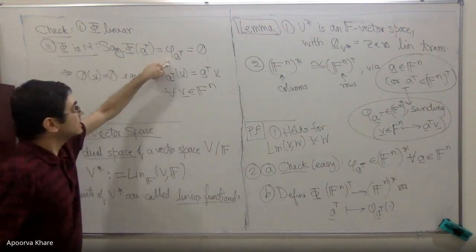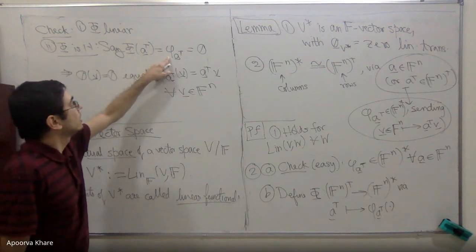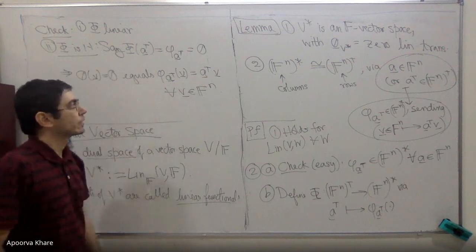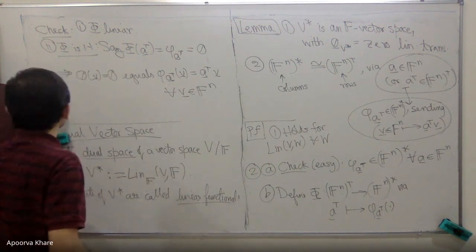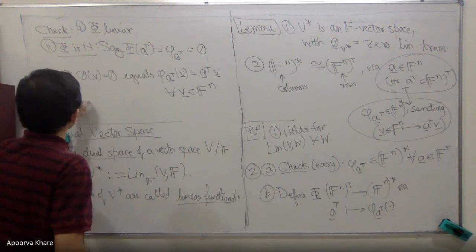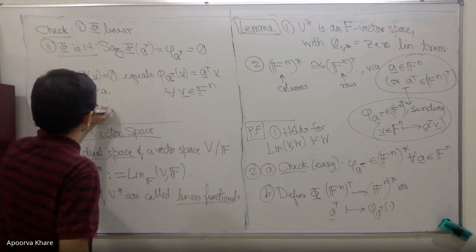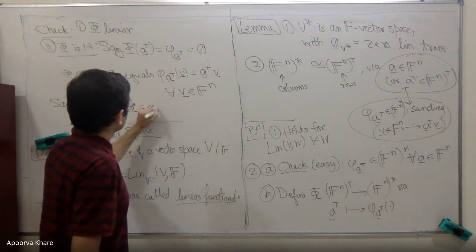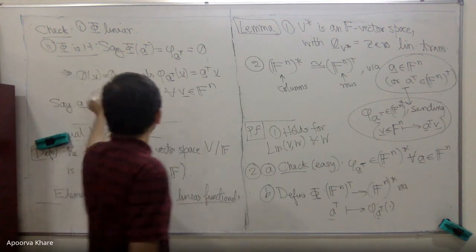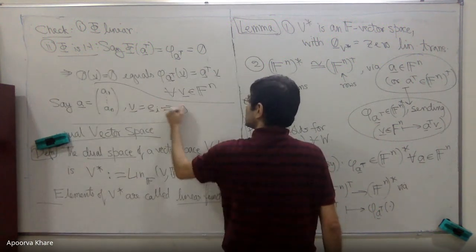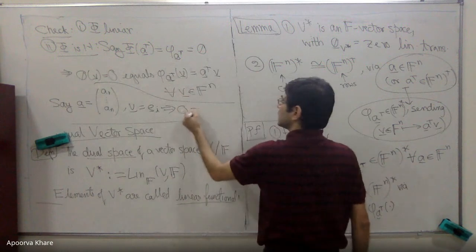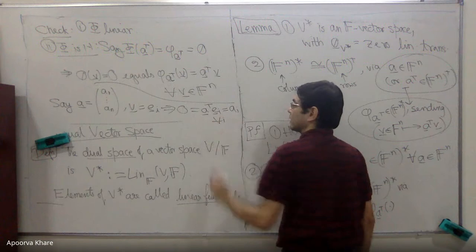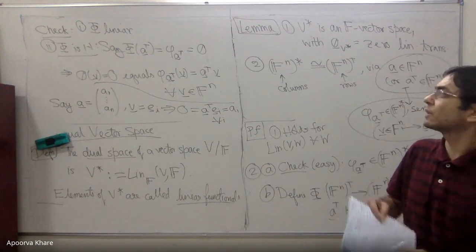But the map was supposed to be 0 because this is in the kernel. So this value must be 0. How can A transpose V be 0? Well, say that A is equal to A1 to AN, and cleverly choose the vectors V. Let V equal EI. Then the scalar 0 equals A transpose EI equals AI for all I. That's what the previous line says.